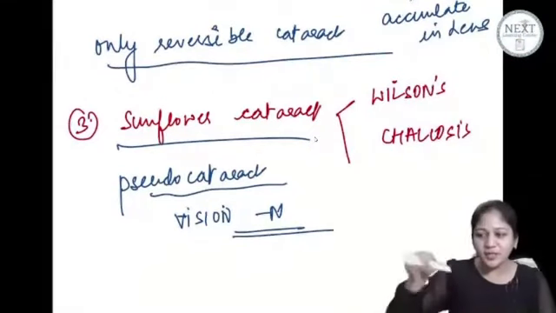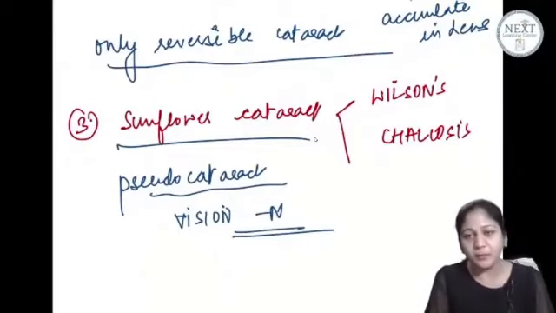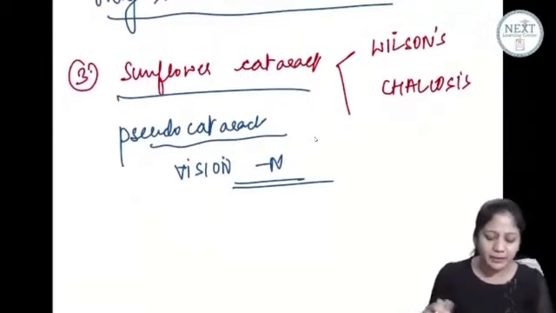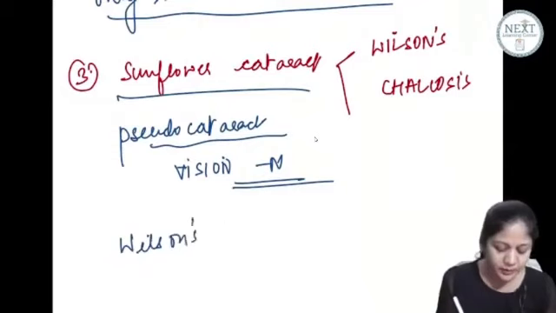What ring do you see? Yes. So you also see a Kayser-Fleischer ring. Very good. So we'll talk about KF ring in detail in cornea. ठीक है? हम KF ring के बारे में अभी पढ़ लेते हैं. चलो छोड़ो. So Wilson's disease also will have a KF ring.